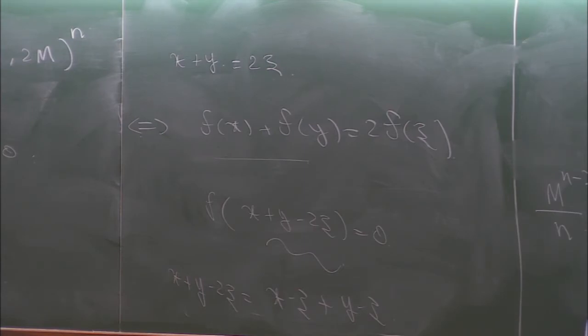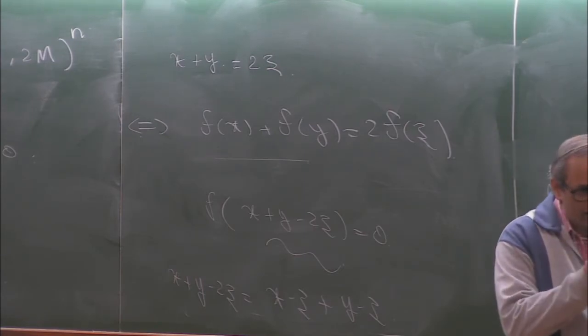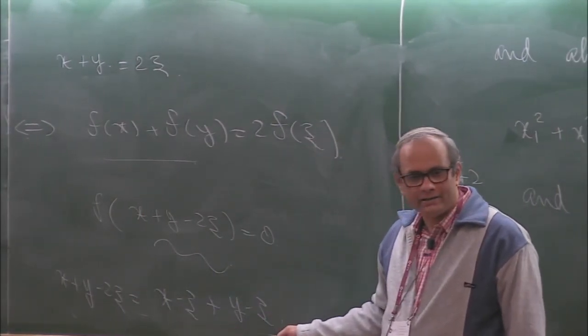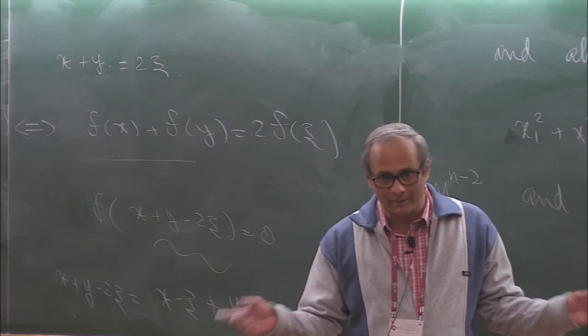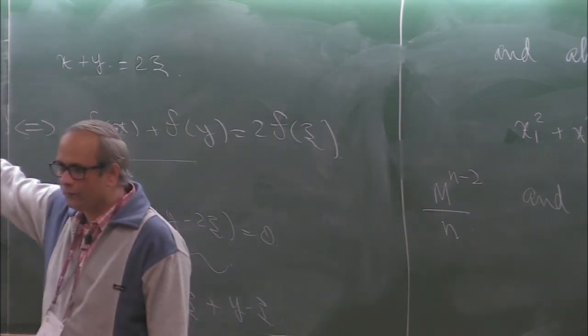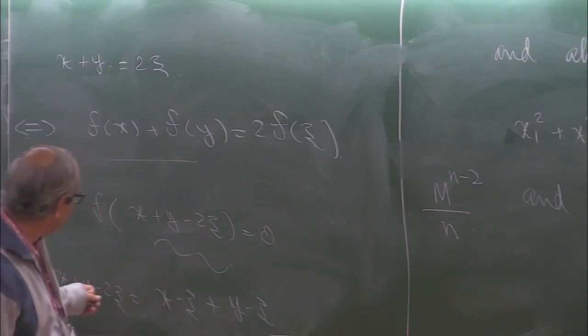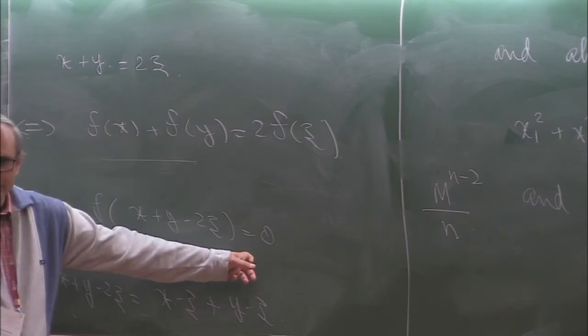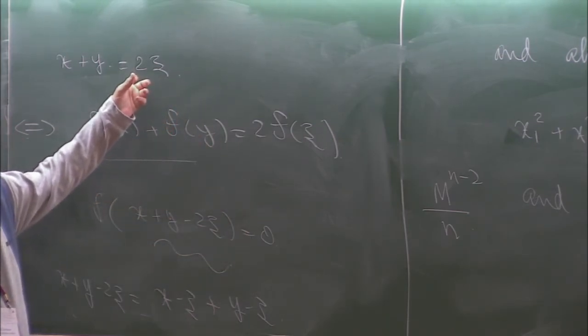So x minus z lies between minus m to m, and x minus z plus y minus z lies between minus 2m and 2m, which is exactly the open interval we spoke of here, and therefore this being 0 would mean that x plus y minus 2z is 0, and that is this.